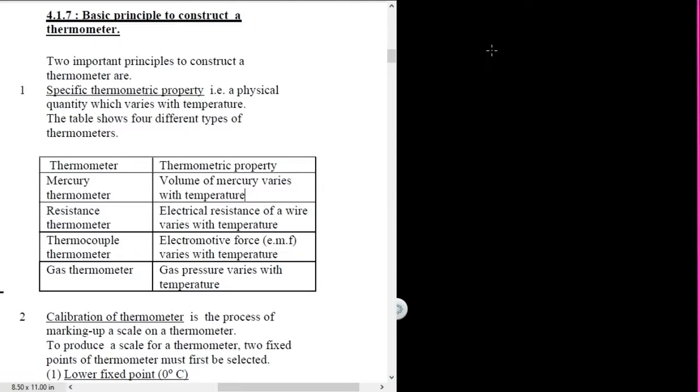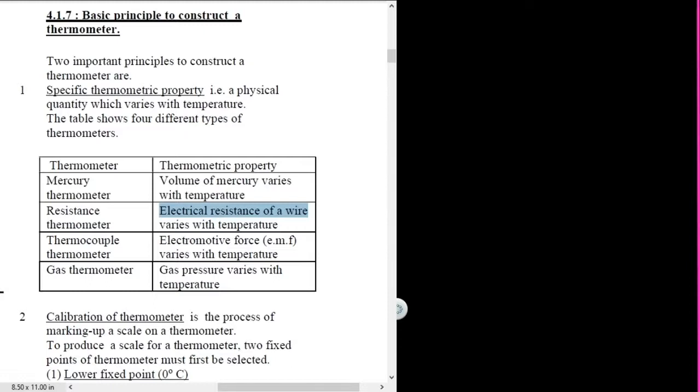Next, another thermometric property is the resistance thermometer. From its name, resistance, we use the electrical resistance of a wire varying with temperature. Before this, we used mercury based on its expansion: when temperature increases, it will expand.